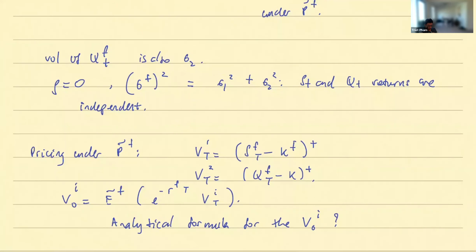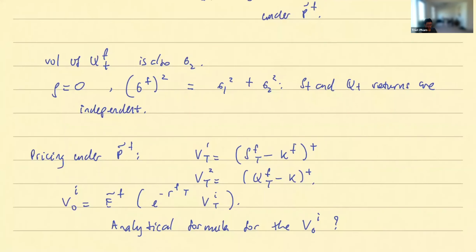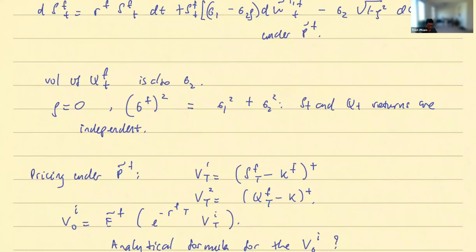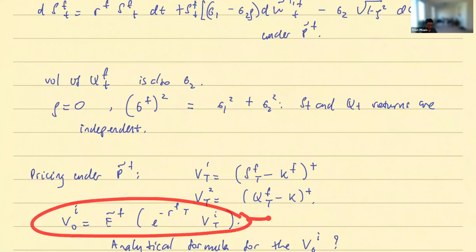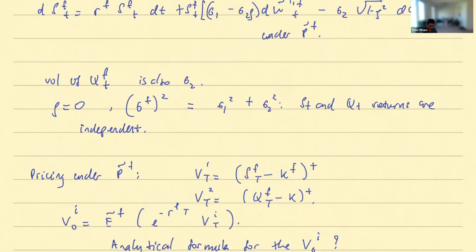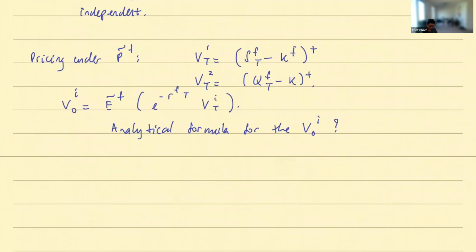But what I want to discuss next is then the connection. Now back to the connection, back to the domestic risk neutral probability. Okay. So now, connection.